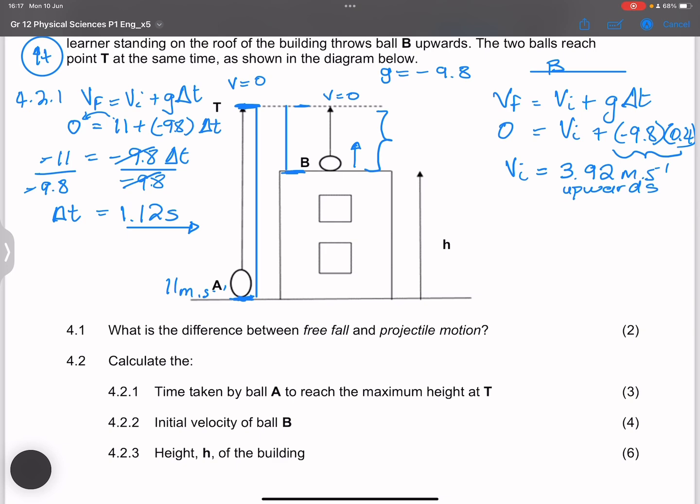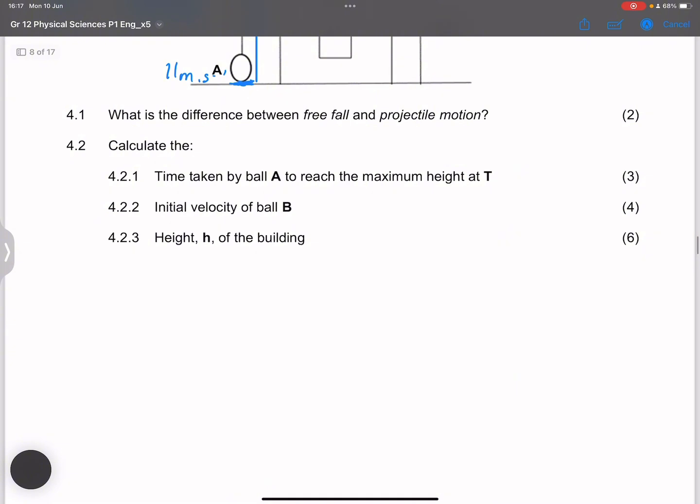So let's do that. Let's find out the displacement for ball A.